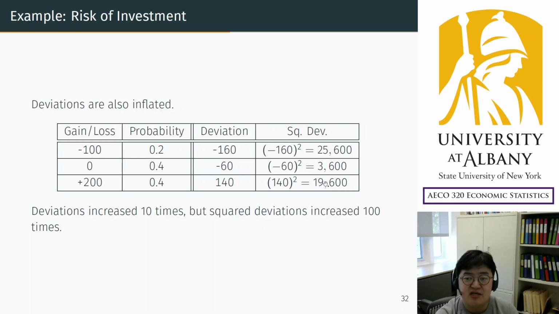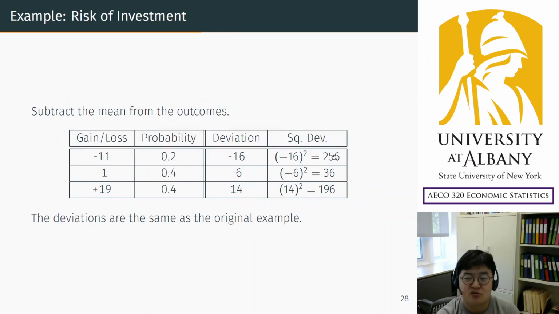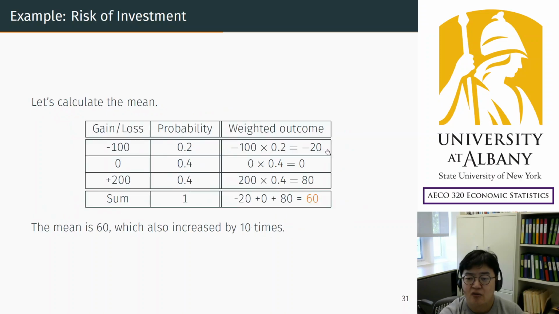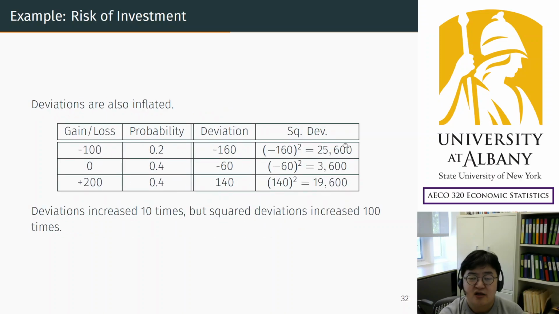Let's compare these numbers with these. 256, 36, 196 were the square deviations in the previous example, but now you get two more zeros, right? You have two more zeros, which is clear because deviations are inflated by 10.